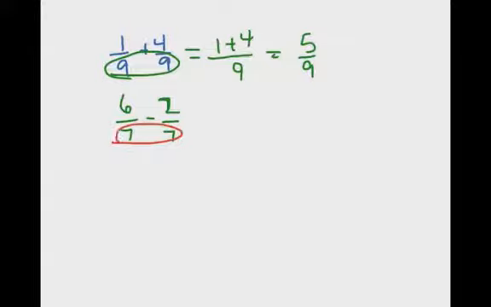Again, our denominators are the same, so we can take 6 minus 2 over 7. That would be 4/7. So if our denominators are the same, then we just either add or subtract the numerators, and then if you can simplify, we would simplify.